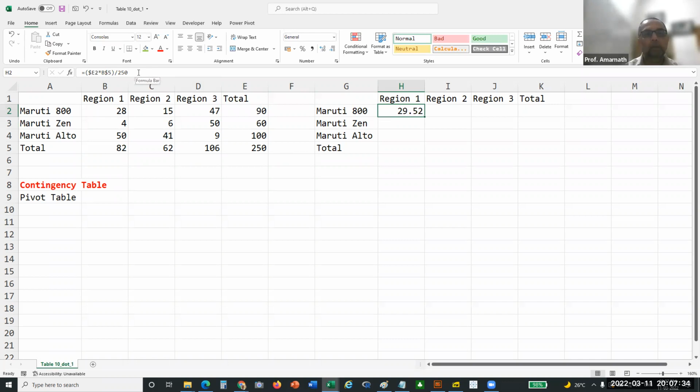So I need to take this E5. So that is hash 5, control.